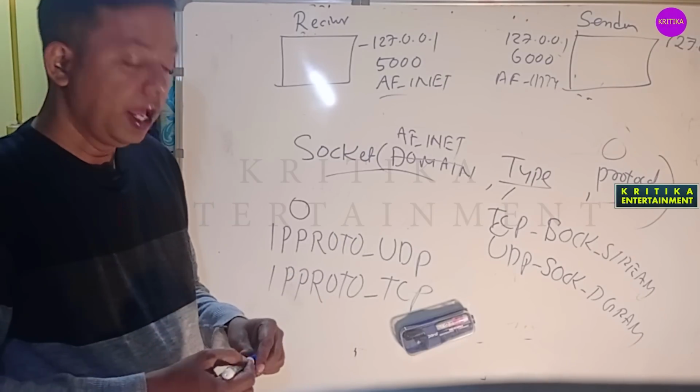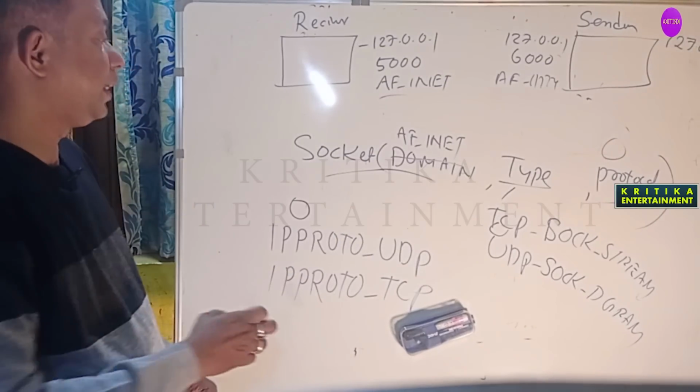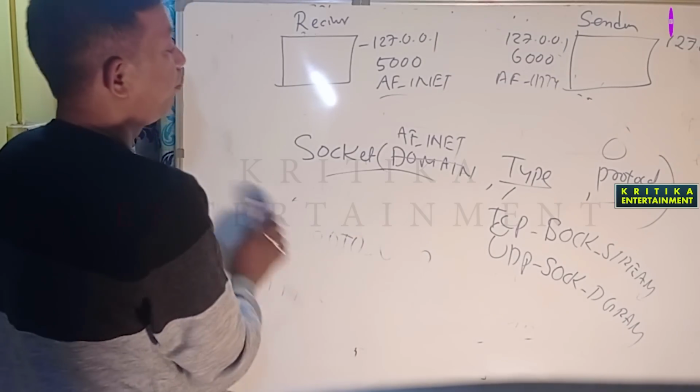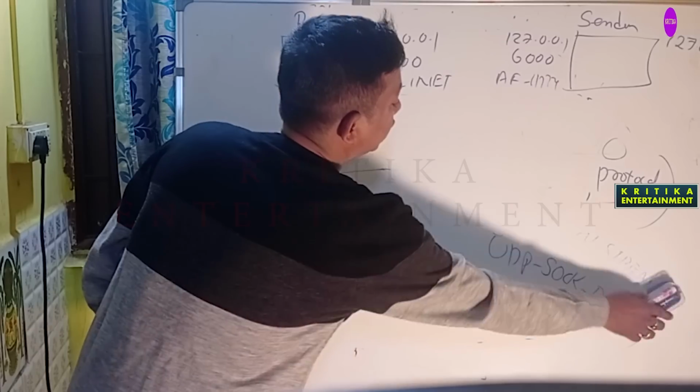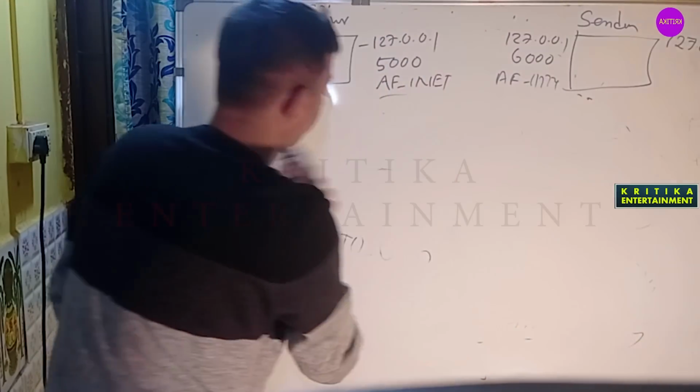Then I will write it in the computer and check what value is returned from the socket. This is the interesting question: what is the value returned from the socket?